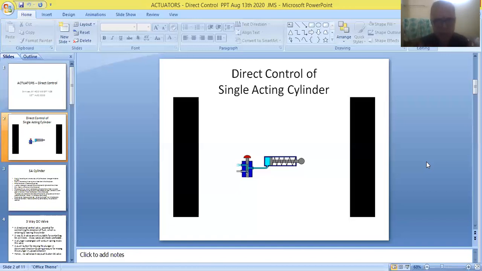And finally, in the case of a hydraulic circuit, oil will be flowing through all these pipelines: inlet pipeline, outlet pipeline, and exhaust pipeline.